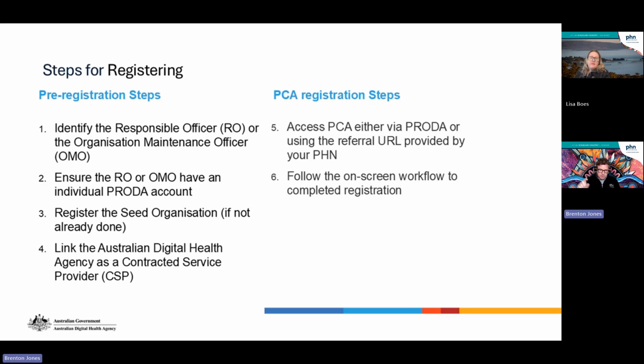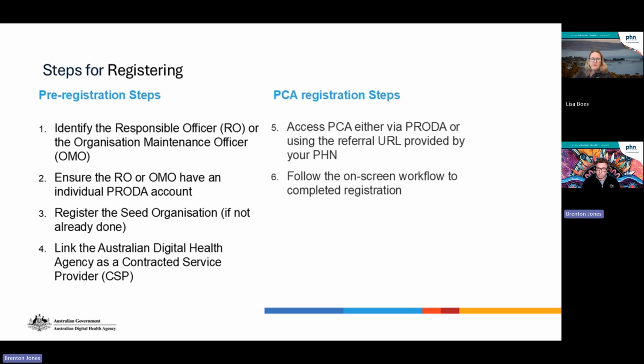So whoever's names are associated, linked to the organisation with the Australian Business Register, they are the owners of the organisation. They themselves can control and access PCA to manage the information, or that can be delegated to administration support staff to do that work for the organisation. And so that's why understanding these particular roles is important, because an organisation maintenance officer is that very person that can do a lot of the heavy lifting in the administration space.